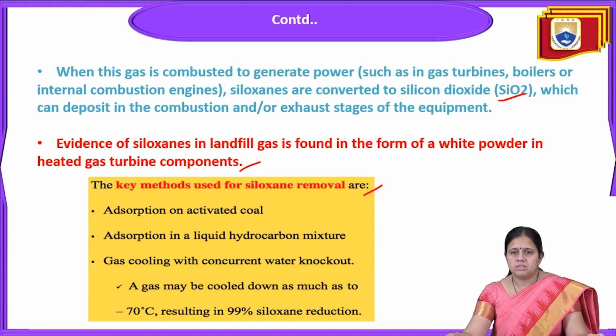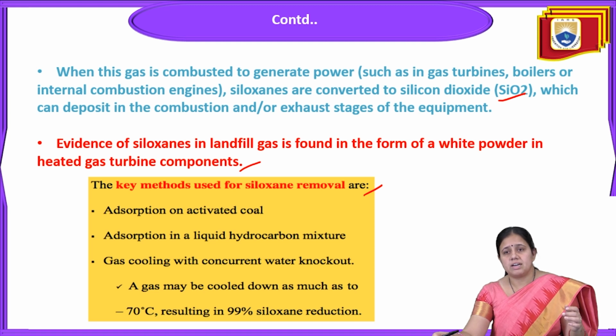The gas may be cooled down as much as to minus 70 degrees Celsius, and that results in 99% siloxane reduction.